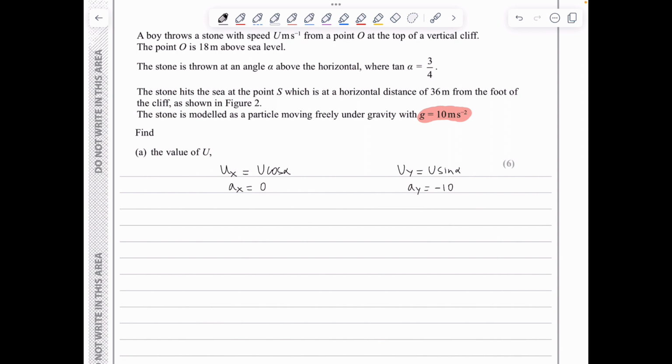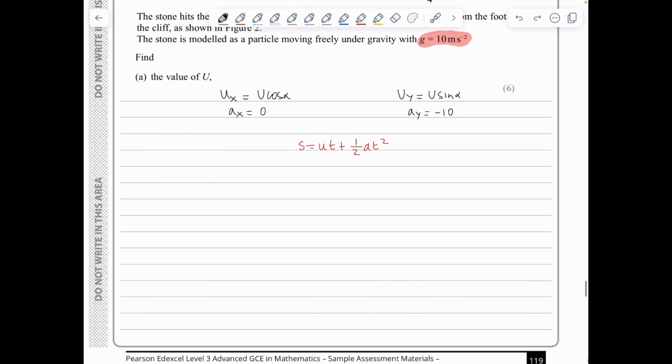We can then use the fact that s, the displacement, is ut plus a half at squared. So for the horizontal, we can say that the horizontal displacement sx is simply u cos alpha times t, and therefore we have that 36 is 4/5 times ut, which leads to 45 being equal to ut.